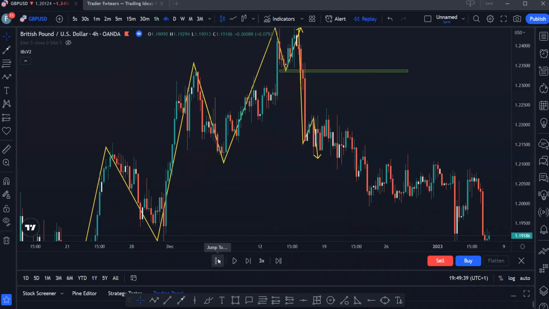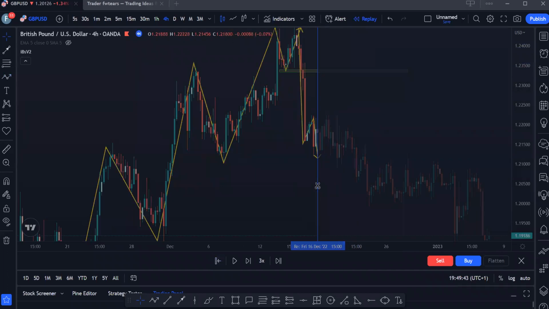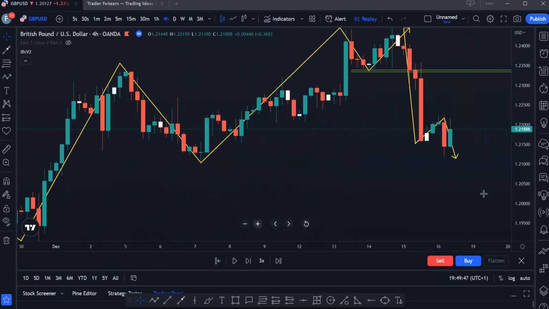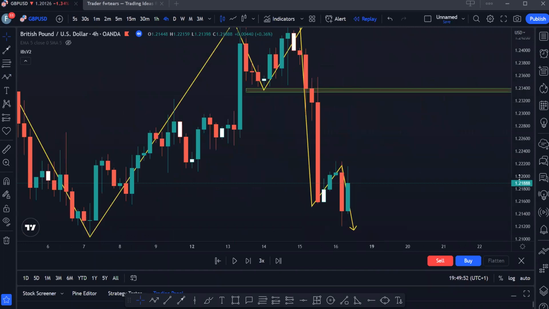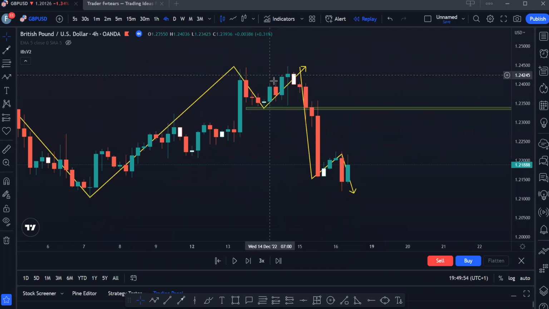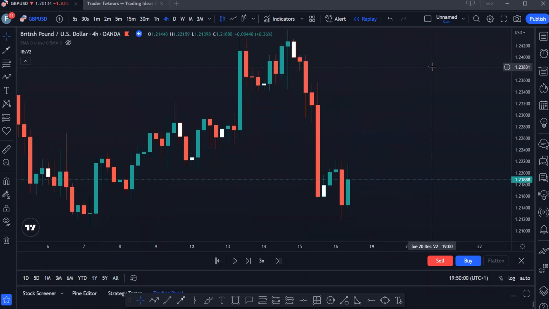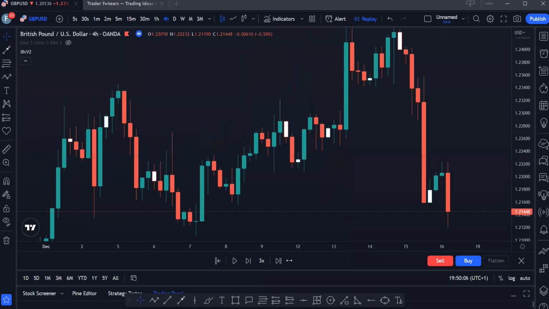Let me make it something like this. This is an established downtrend. In a downtrend, you want to be looking for sell setups, and you want price to retrace into a resistance before you look for sells.